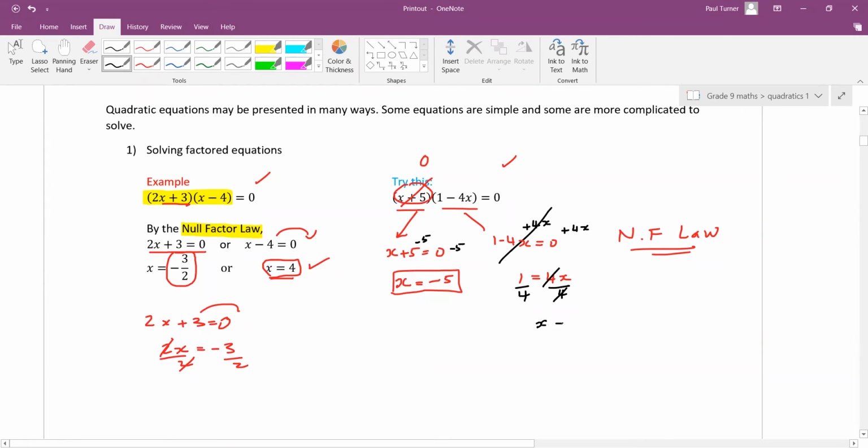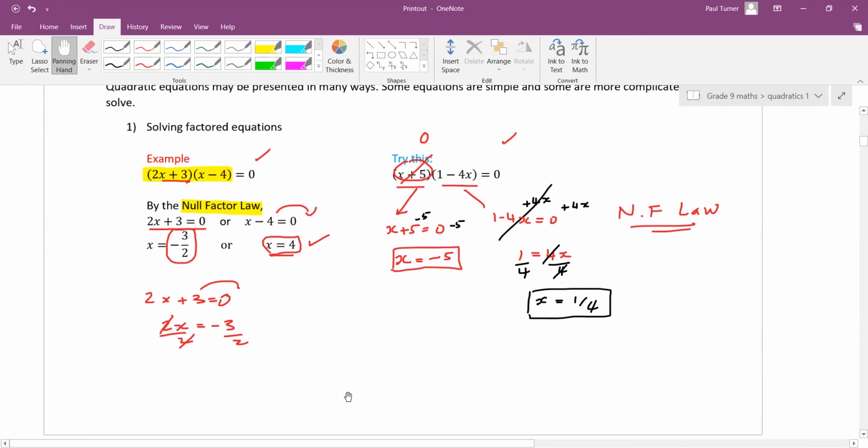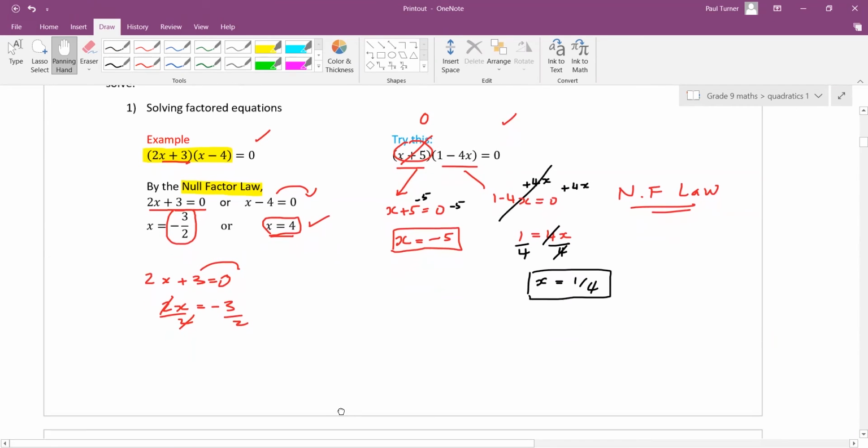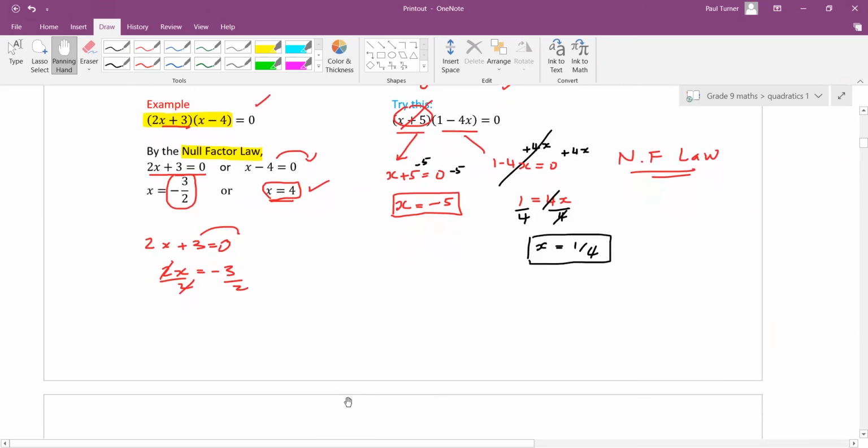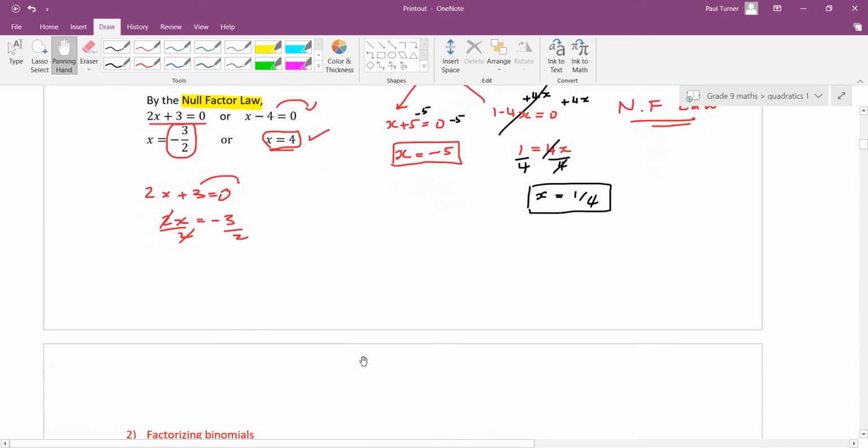So x is 1/4. Very simple. When the question's already factorized, you really don't have any problem finding the value, because the factorization is actually the hardest bit to do. Okay with that? So let both factors equal 0 and then calculate.